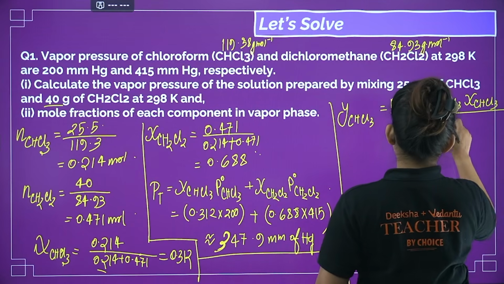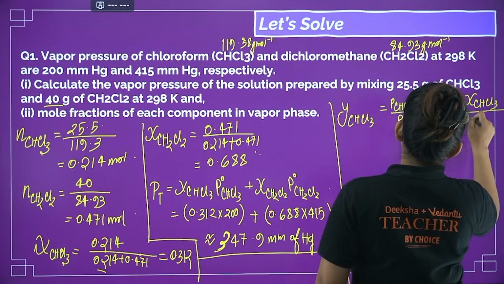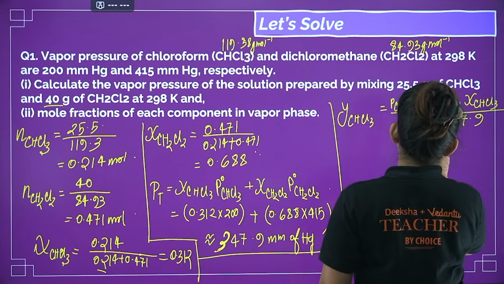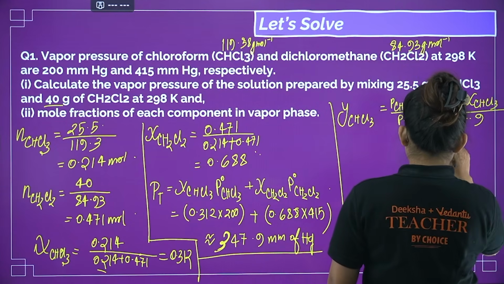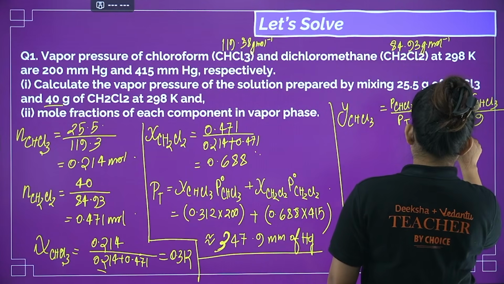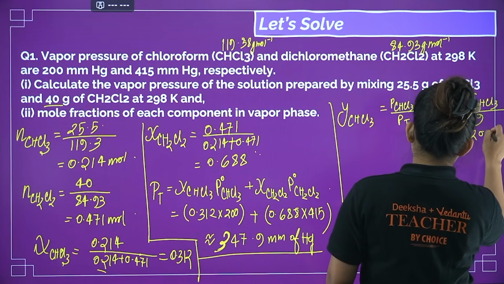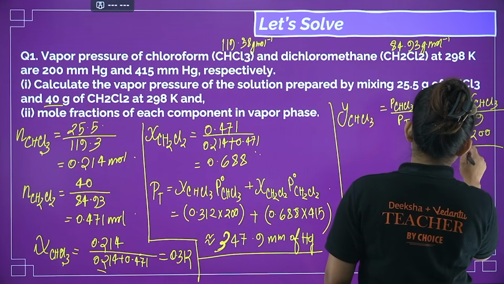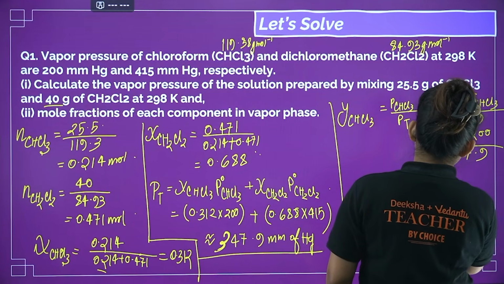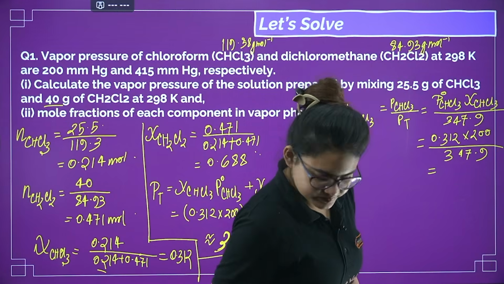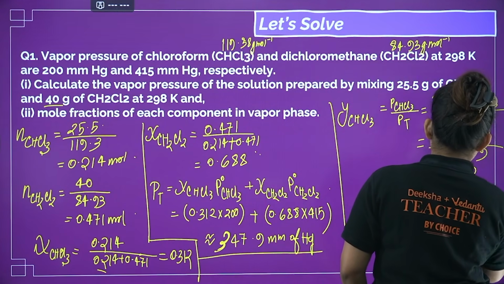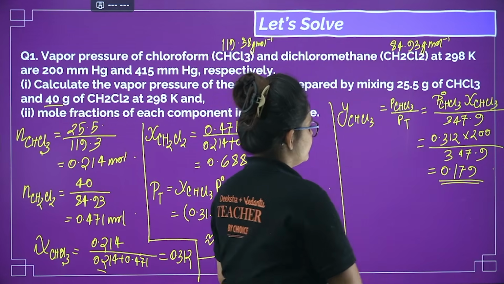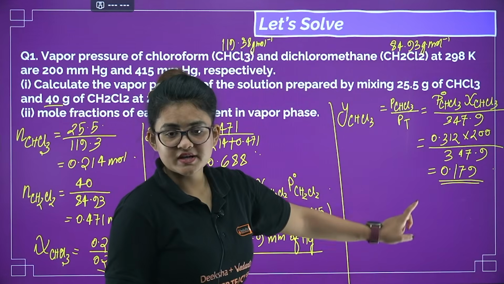Total pressure is something like 347.9. Okay, let's put the value here. So that's going to be 0.312 into 200 divided by 347.9. If you calculate this, it will be 0.179. Okay, so vapor phase composition of chloroform is 0.179.